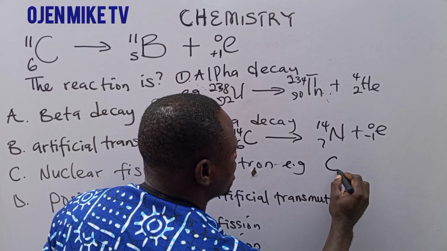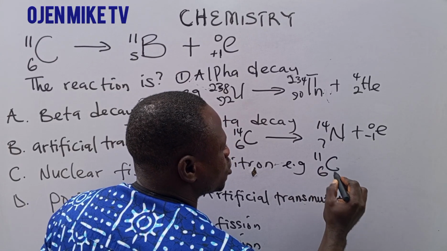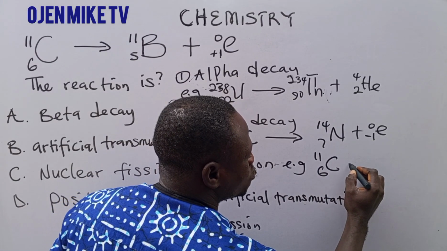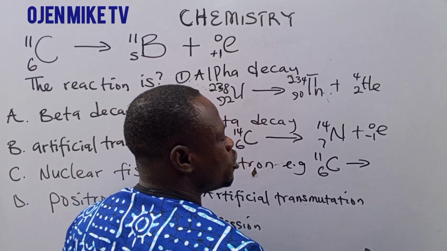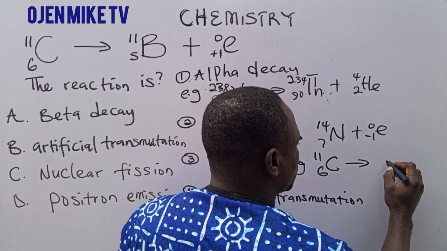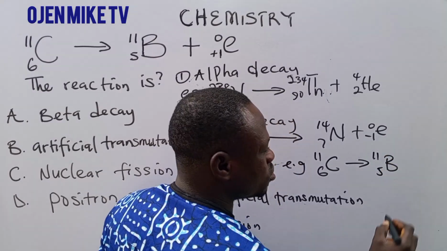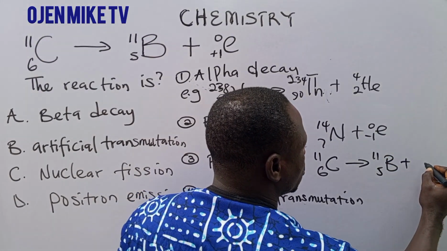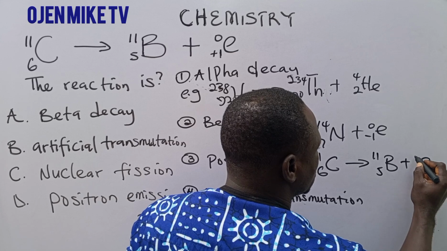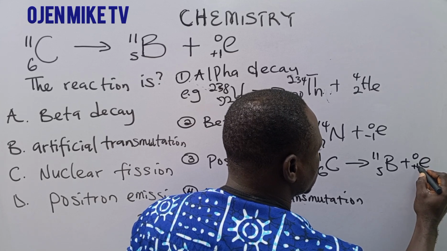Example, we have carbon, atomic number 6, mass number 11, one of the isotopes. It will give you a positron and boron 5, 11, plus 0, plus 1.